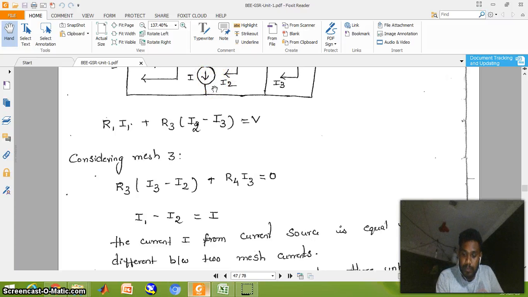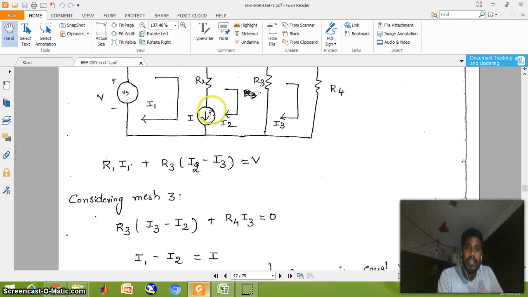So here current source I is connected between mesh 1 and mesh 2. Here mesh 1 direction is the upward direction, mesh 2 direction is the downward direction. So the current source direction is the same as the mesh 1 current direction.